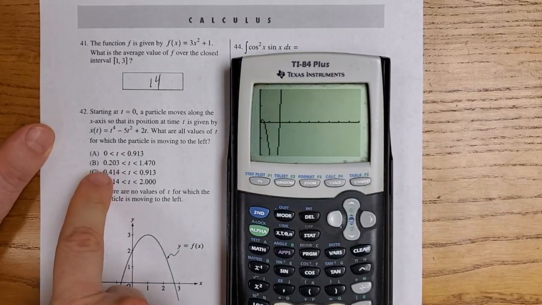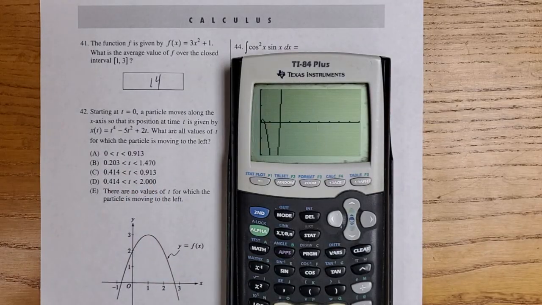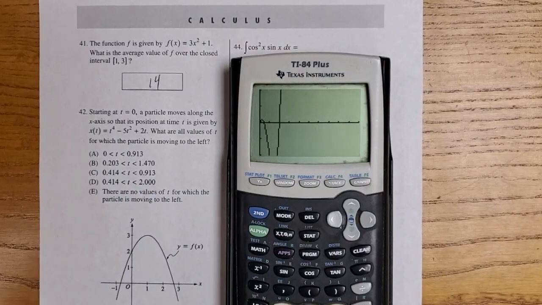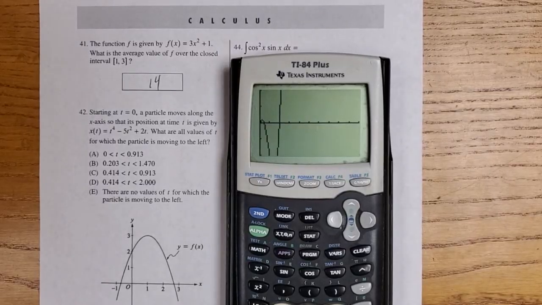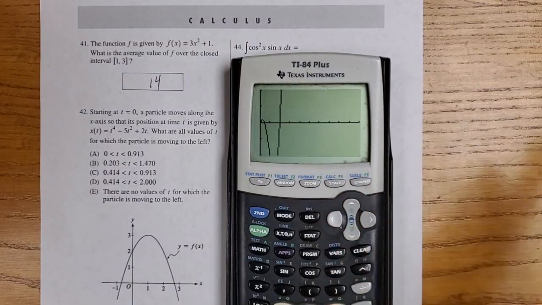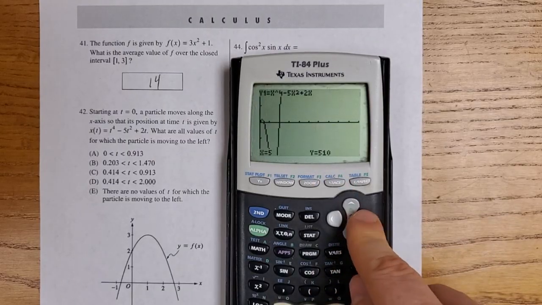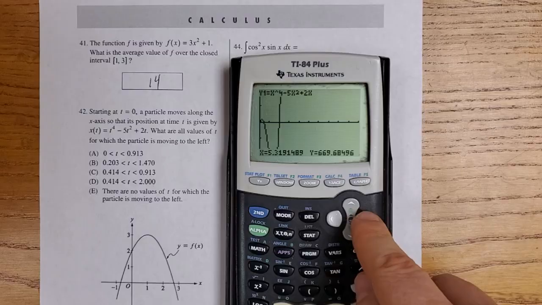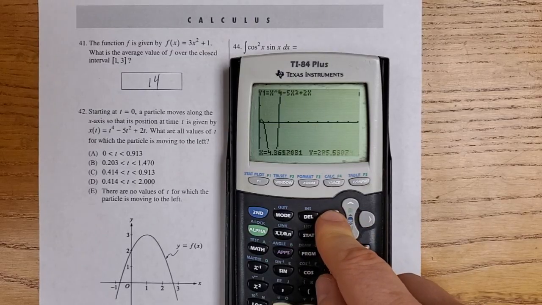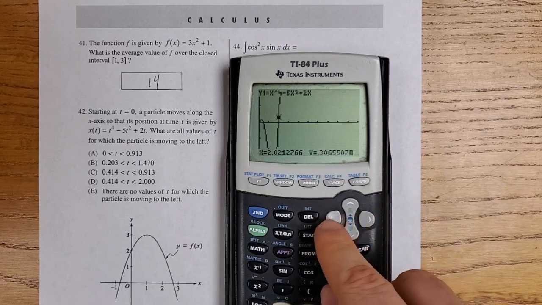So now we're asking, which of these is these? And there are two ways we can check this, kind of equally fast. We can just go to trace, and that starts us in the middle. So let's go back over here. Here we are.